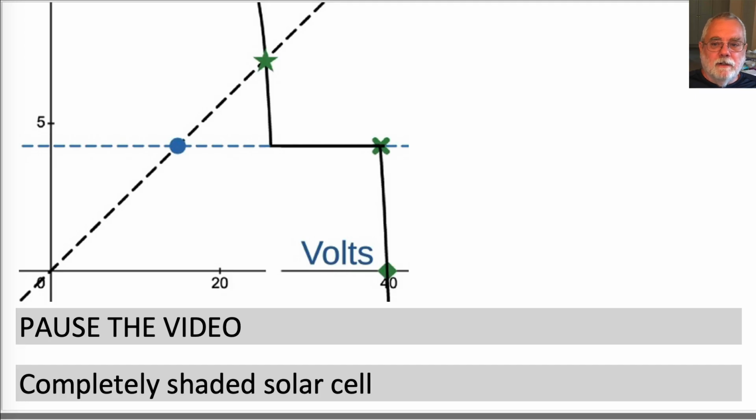The microinverter or DC power optimizer cannot help when there is zero current in the strings in the panel. But with the bypass diodes, the string for the completely shaded solar cell is net reverse biased and gets bypassed, and the two illuminated strings continue to source power.